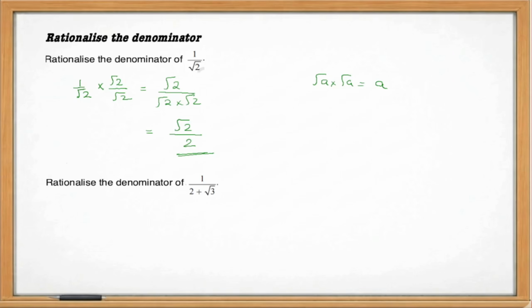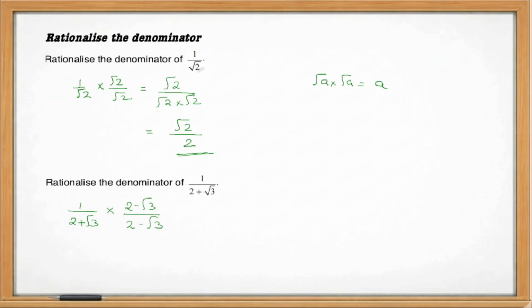Next question. Rationalize the denominator of 1 by 2 plus root 3. In this question, like I said before, we have to take the denominator part and multiply on the numerator and denominator. But when you have an operator like plus or minus, it will change. See, 1 by 2 plus root 3 multiplied by 2 minus root 3 divided by 2 minus root 3.